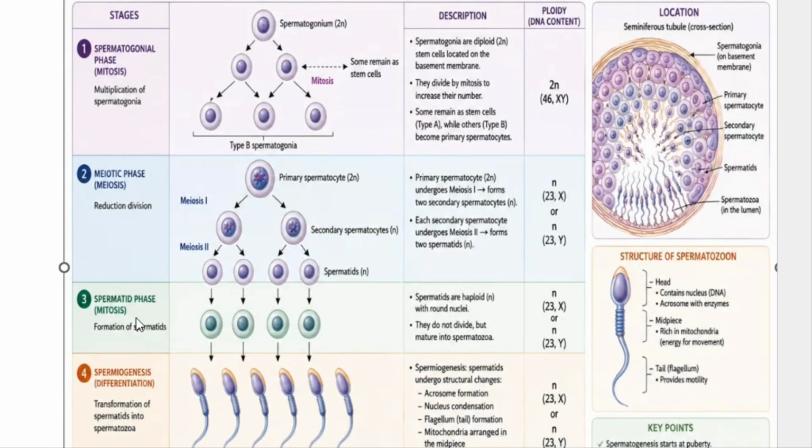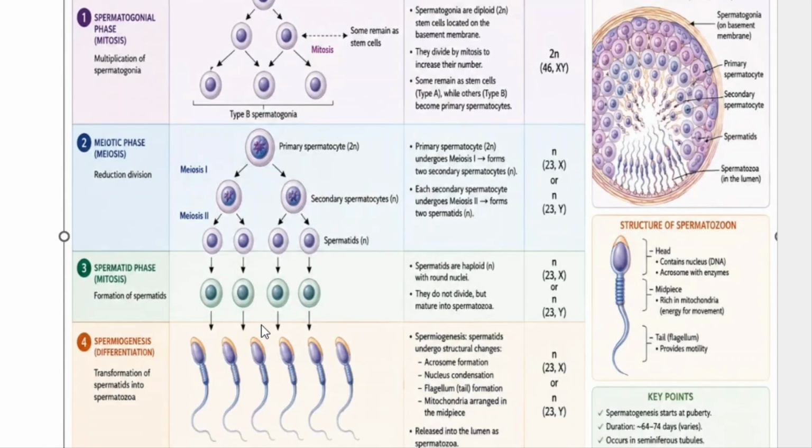For step 3, each secondary spermatocyte undergoes meiosis 2. This produces 2 spermatids, so 1 primary spermatocyte forms 4 spermatids.